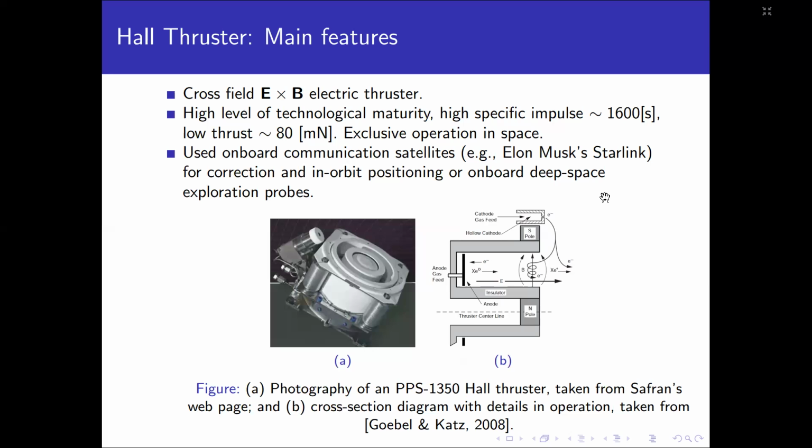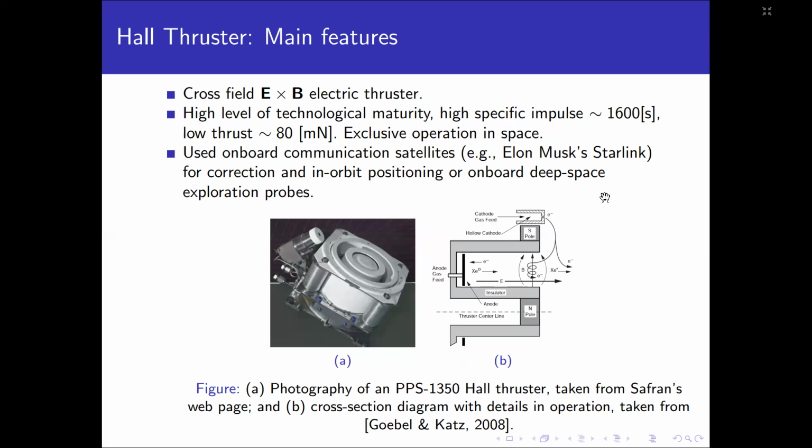Here at the exit plane of the thruster, we have these magnets that impose a radial magnetic field in this region. And finally, we have this sort of tubular section here that is a hollow cathode that emits electrons. These electrons are attracted electrostatically by the anode at the base of the chamber.